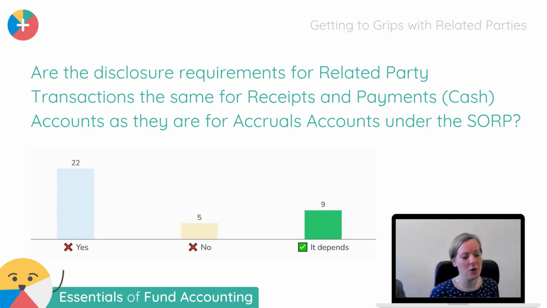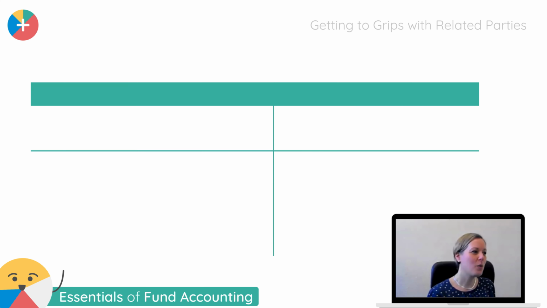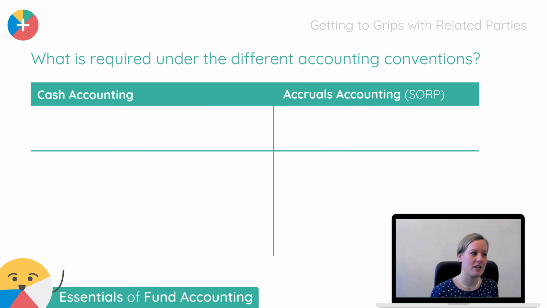Or there's a few who said it depends, which is great, because it depends is the answer to most of our questions. Brilliant. What is required under the different ways of accounting? What we've said is that it is required in SORP and accrual accounting.